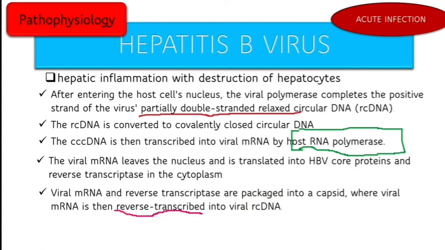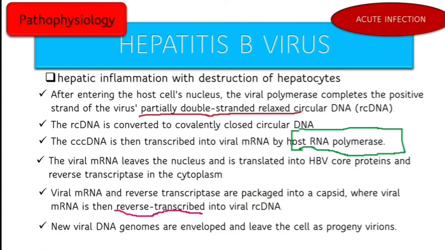From there, the new viral DNA genomes are enveloped, and then they will leave the cell as the progeny virion, right? In the process of leaving, these hepatocytes will be destroyed.